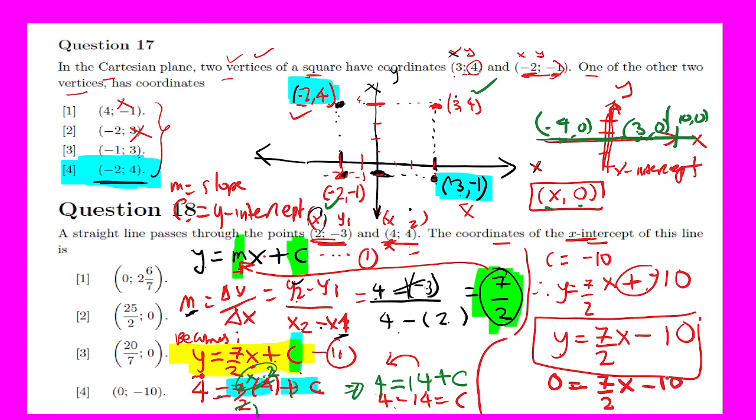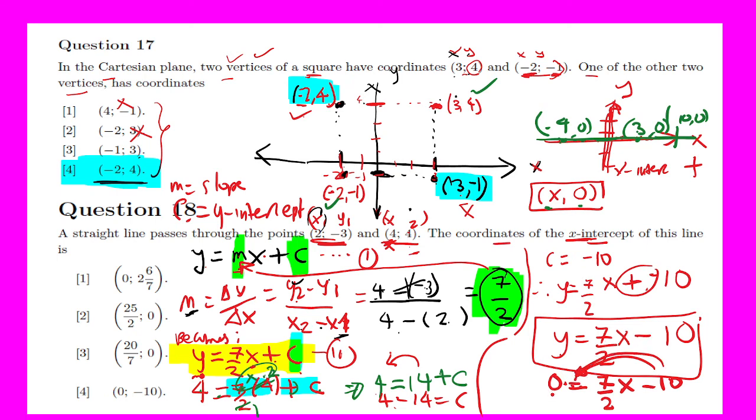What happens? This 10 is going to go to the left. Let's just solve here. So this negative 10 is going to go to the left, and it becomes positive 10.